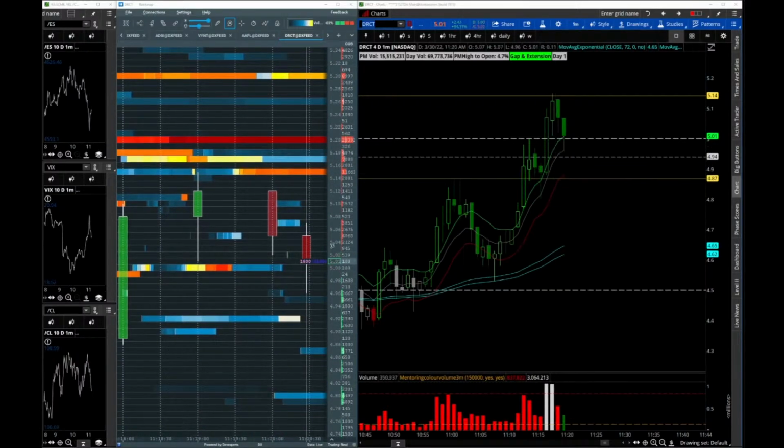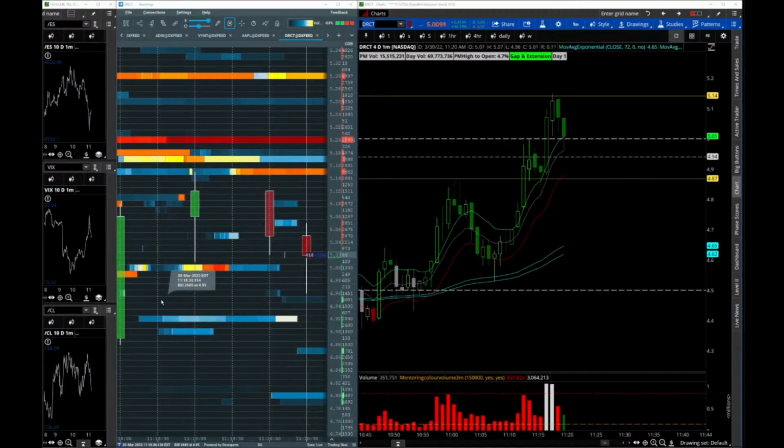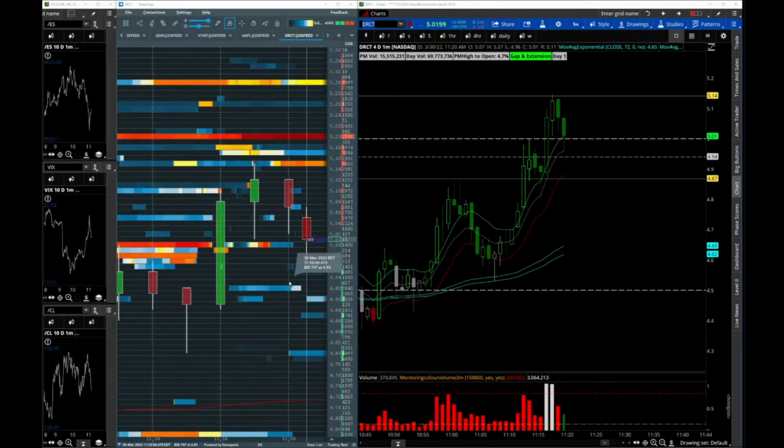If I saw a heat map 4.90 or 4.85, this could be a good setup for a long.